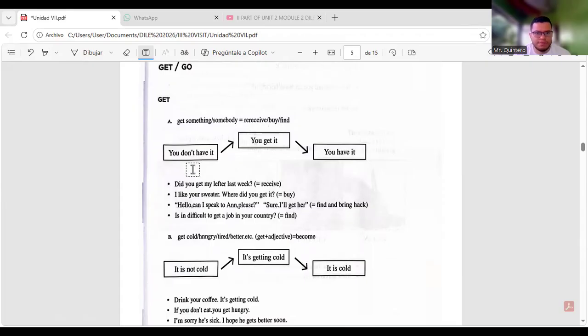For example, you don't have it, you get it, you have it. That is practically the same, and you're gonna see an evolution of this.